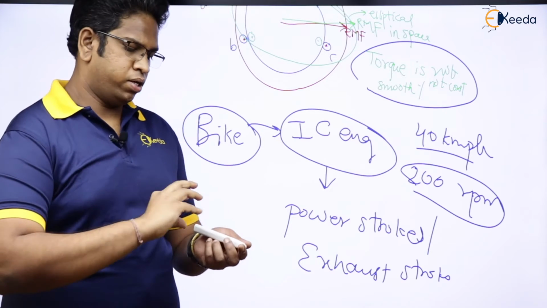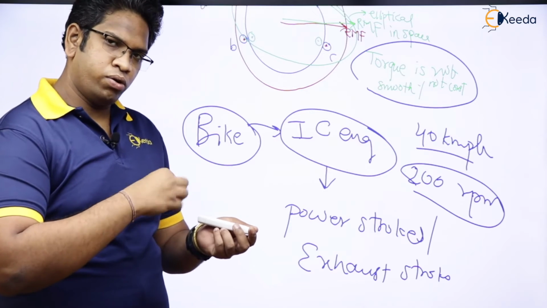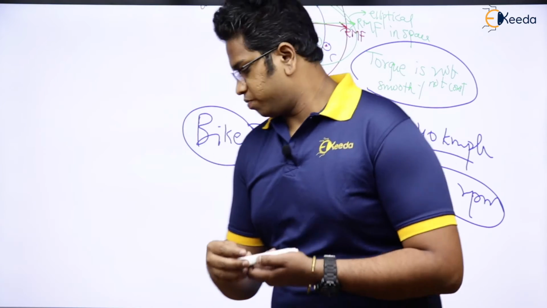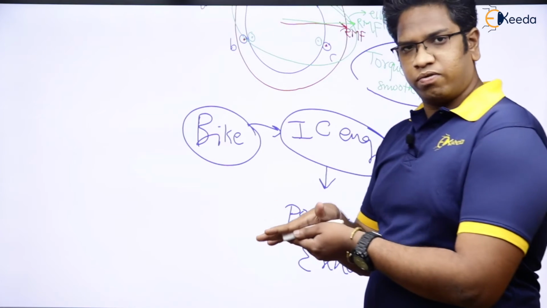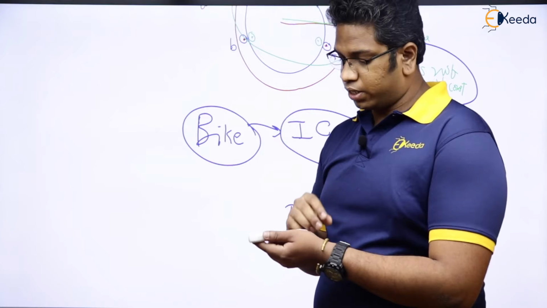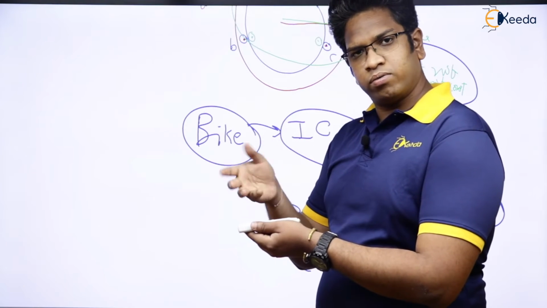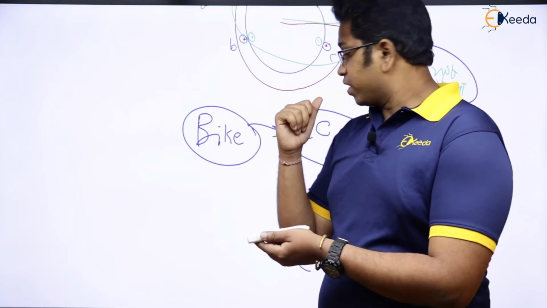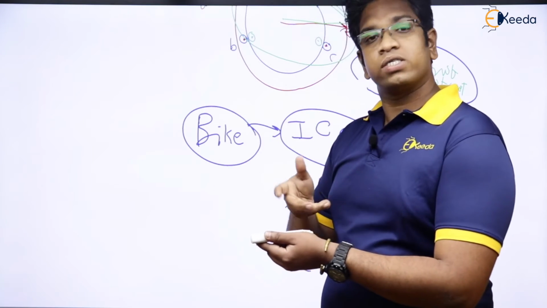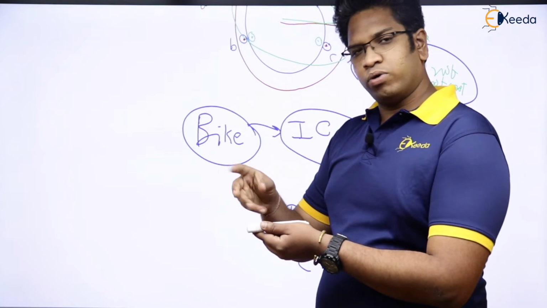This is the road. The wheel is going to rotate at 40 kmph, or we can think of a rotational speed of 200 rpm. So it is rotating at 200 rpm.